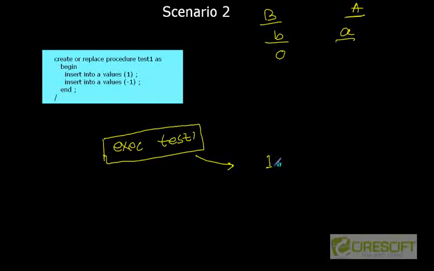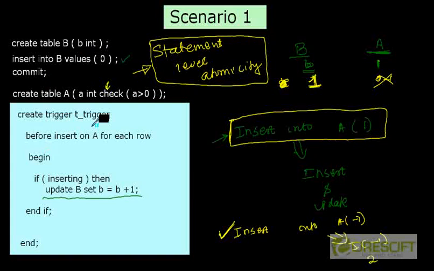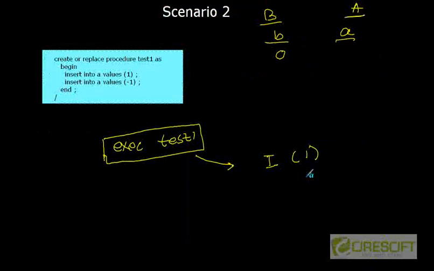The first statement is insert 1 into table A. Because of this insert and the trigger that we have already written, in case of an insert you are going to update table B, and the value will be 0 plus 1, which becomes 1.